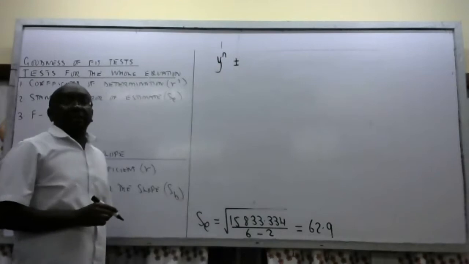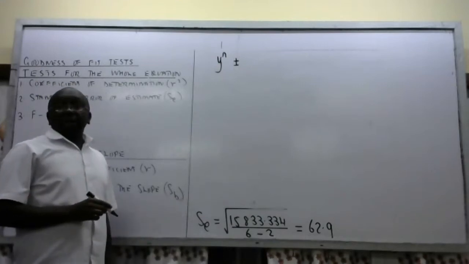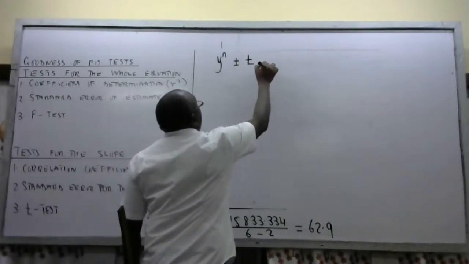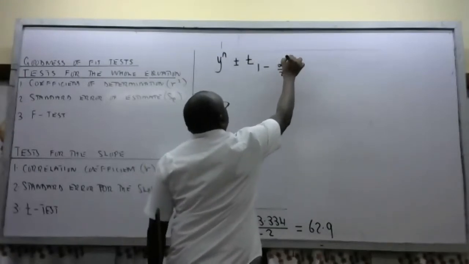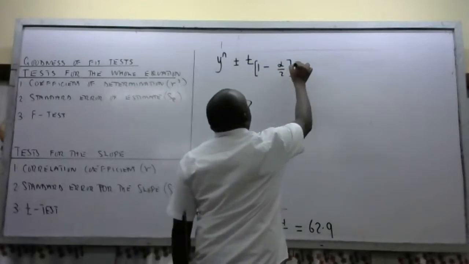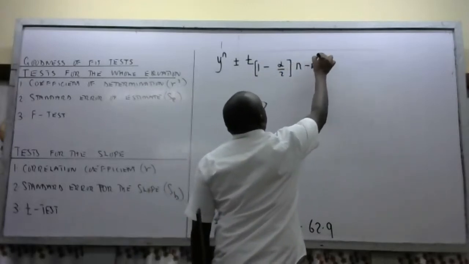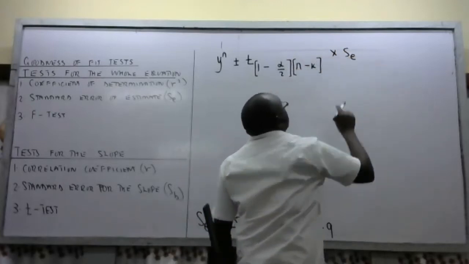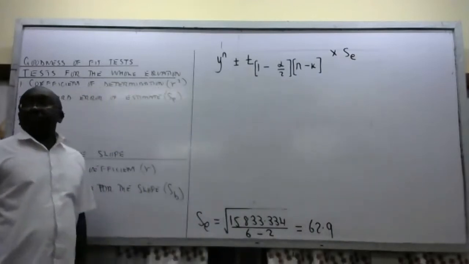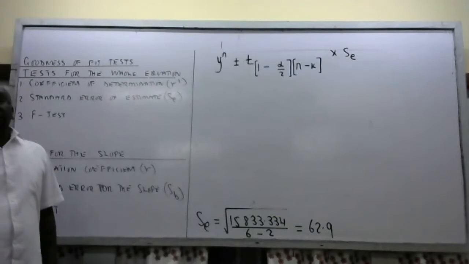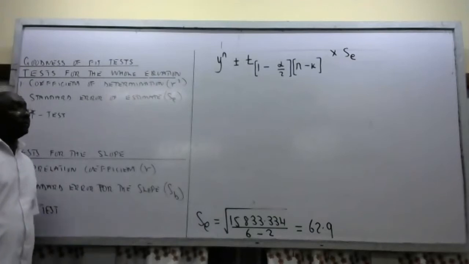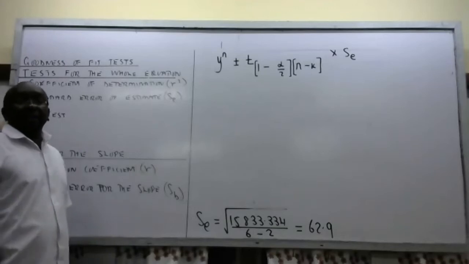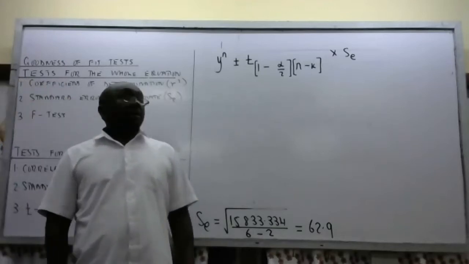Y predicted is y raised to power n plus or minus t of 1 minus alpha out of 2, n minus k, those are the degrees of freedom. Then you multiply by SE.